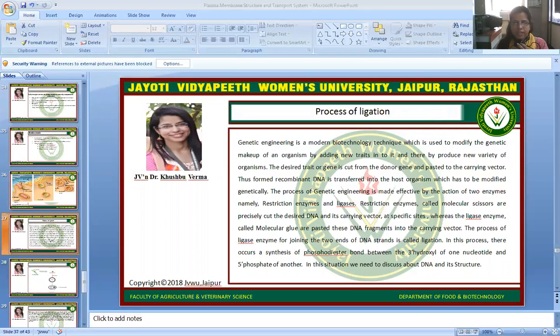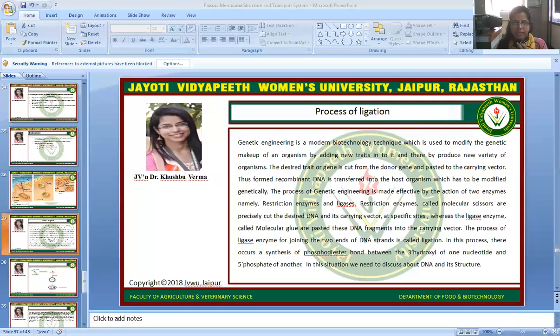The process of genetic engineering is made effective by the action of two enzymes, namely restriction enzymes and ligases. Restriction enzymes, called molecular scissors, precisely cut the desired DNA and its carrying vector at specific sites, whereas the ligase enzyme, called molecular glue, pastes these cut DNA fragments into the carrying vector.